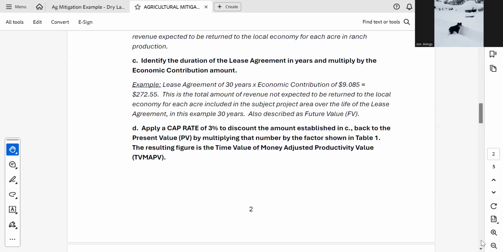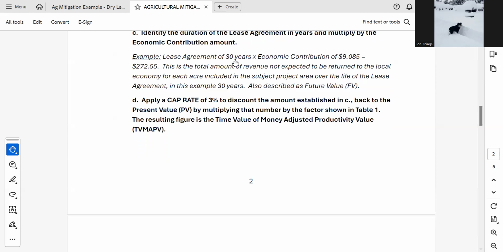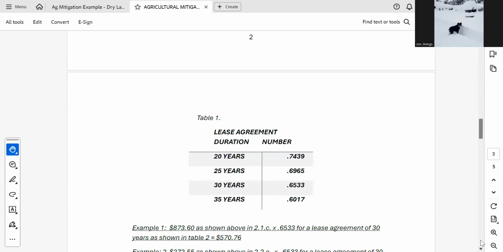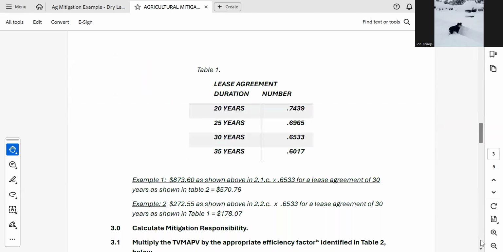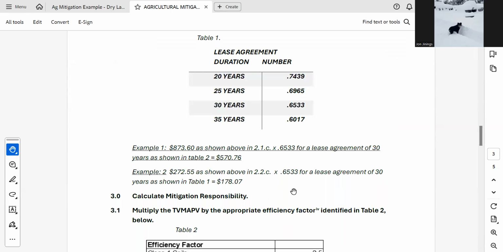So you go through, identify the amount of the lease agreement, the years of the lease agreement, multiply that by your number above. It comes up with another number in dollars, and use that. Here's kind of the calculus to determine the time value of money. So depending upon the lease agreement duration, use this number.